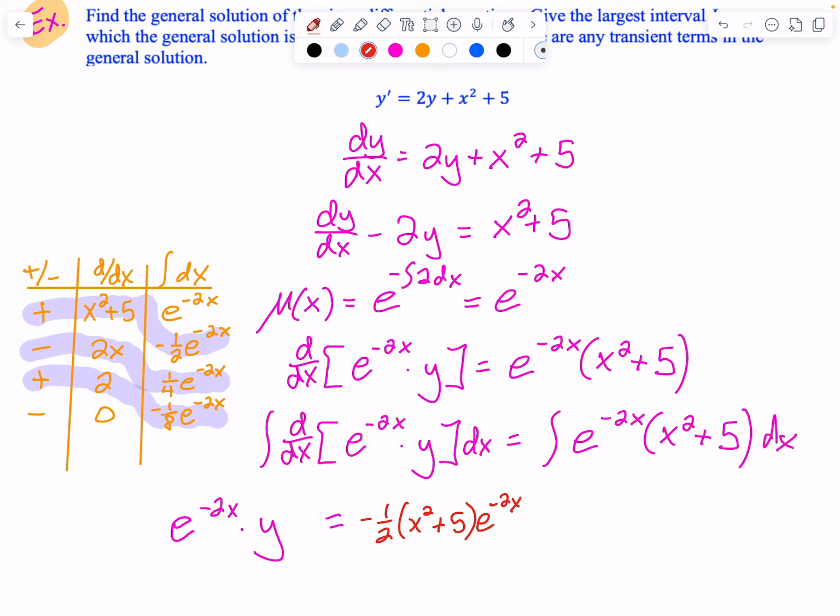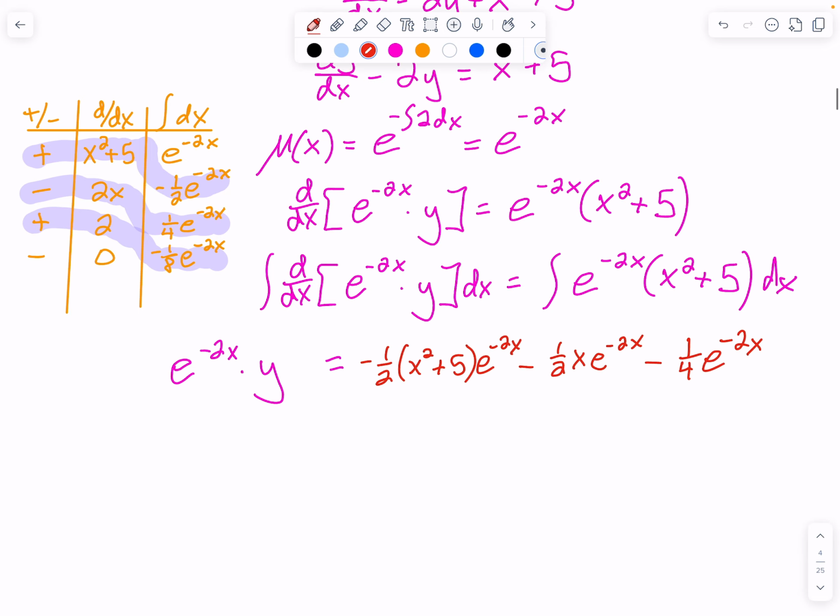Then I follow the next one: minus 2 over 4, which is a half x e to the negative 2x. And our last one is a minus, and 2 over 8 is a fourth, and then e to the negative 2x. There we go. That's what comes out of it.